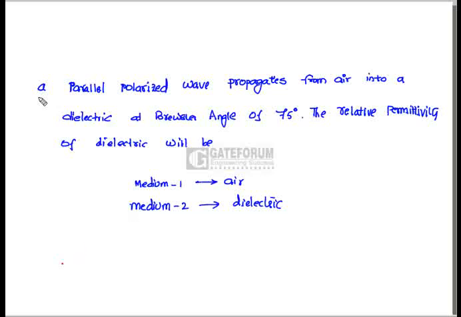In order to calculate the dielectric relative permittivity, we need the relationship between the Brewster angle and the permittivities of medium 1 and medium 2. Epsilon 2 equals epsilon 0 epsilon r2.